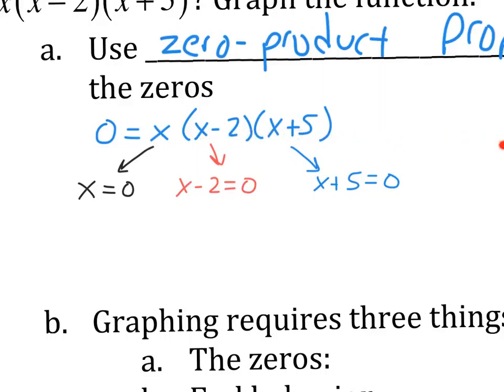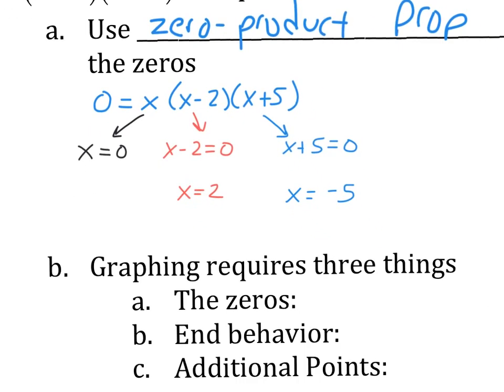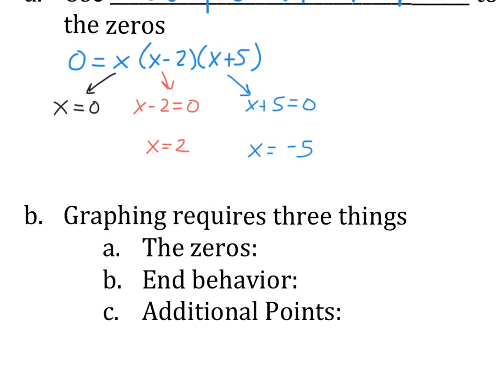This could go out to a gazillion different factors, and each one of them we would set up to be equal to 0. And now we just solve individually. x is 0, that's already done. So here x is 2 when I add 2 to both sides. And here, x is negative 5. So here are my zeros, which I'm going to transfer down here real quick to be 0, 2, and negative 5.